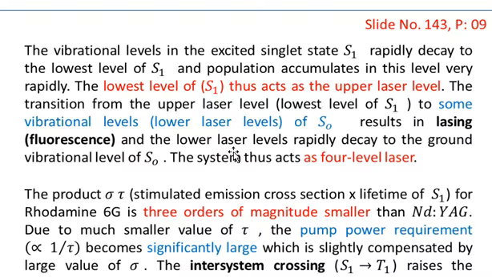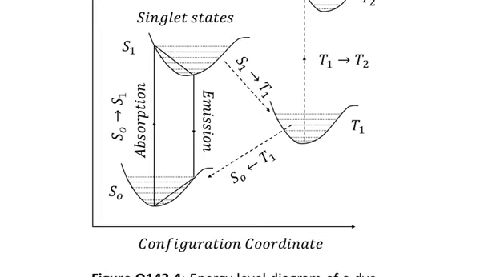And the lower laser levels rapidly decay to the vibrational levels of S0. So when the laser transition takes place, it takes place to an upper vibrational level, and then these vibrational levels decay to the ground vibrational levels very quickly.